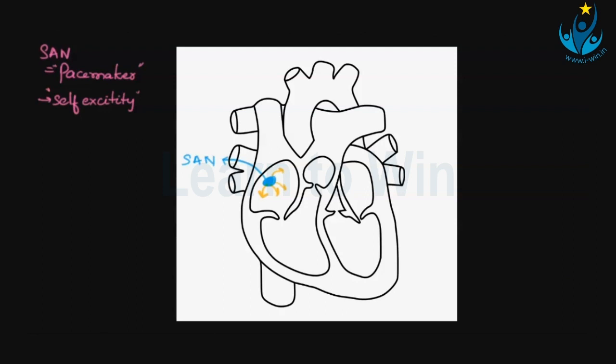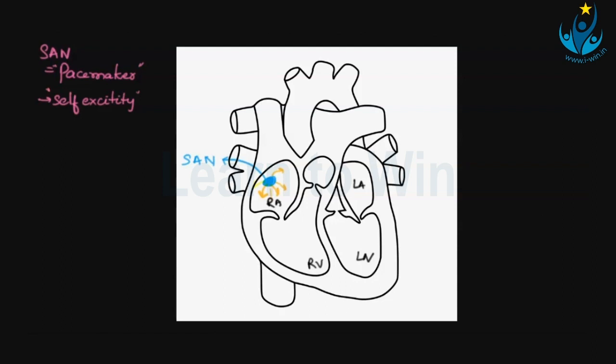Now, let us label this. This is the right atrium. This is the right ventricle, left ventricle, and left atrium. Now, whatever impulse has been generated by the SAN is of course spreading throughout the right atrium.